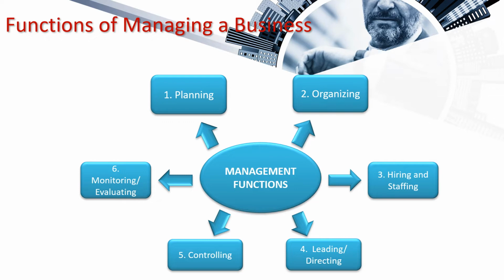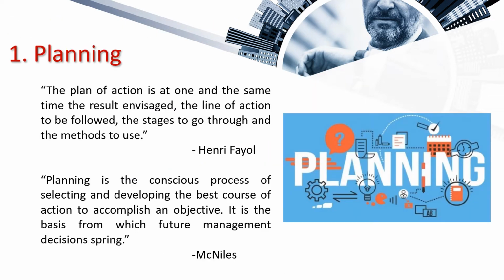These management functions can help managers and business owners increase organizational efficiency and effectiveness. Efficiency uses the least possible amount of resources to get work done, whereas effectiveness is the ability to produce a desired result. To drill down these functions, let's start with planning.